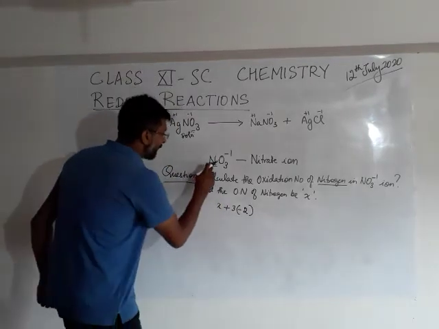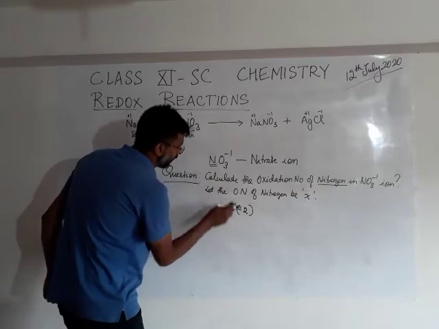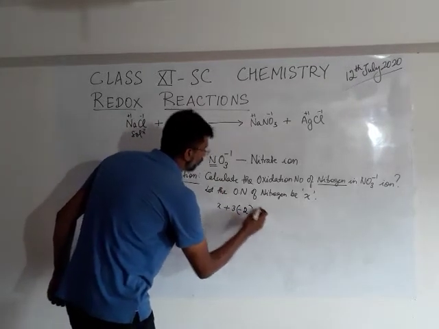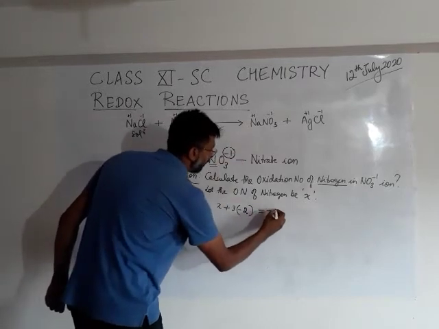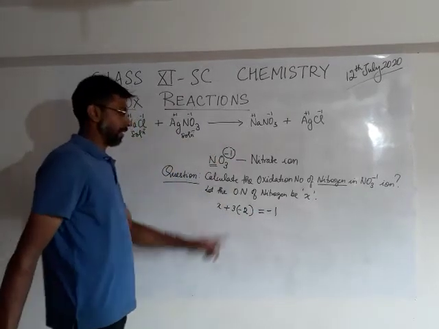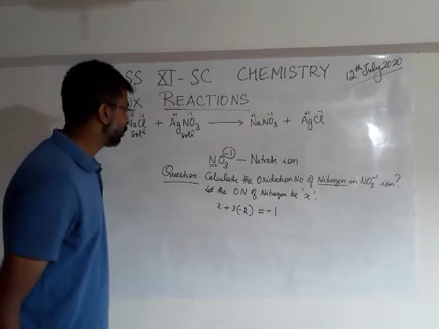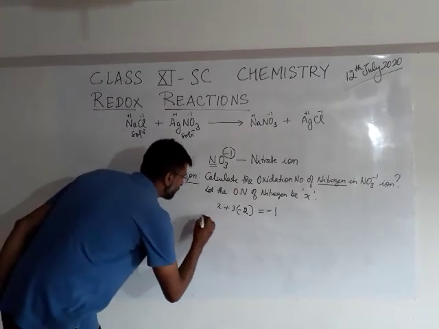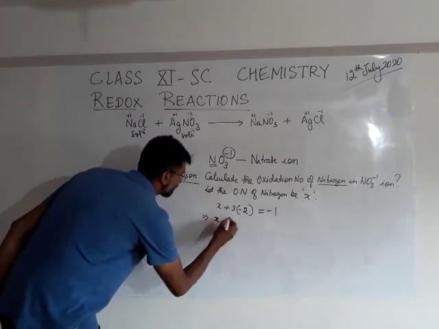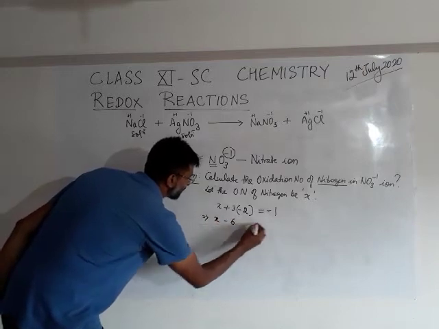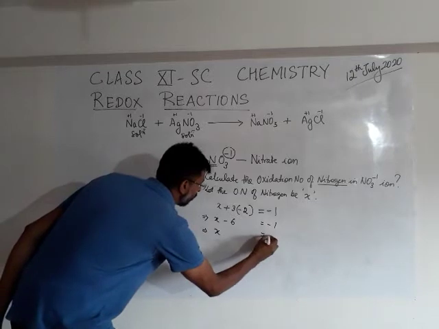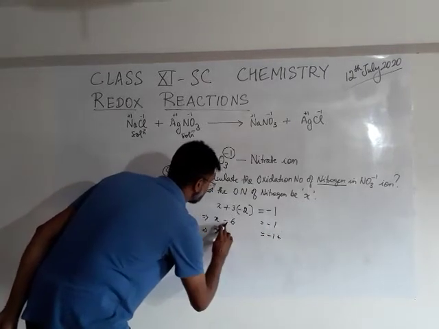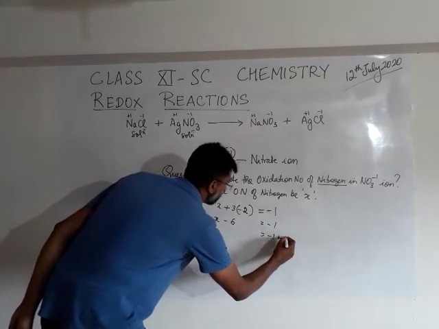So X plus this 3 into minus 2 is equal to the overall charge, which is minus 1. So I write down outside over here minus 1. Am I clear? So now I will simplify this. X minus 6 is equal to minus 1. X is equal to minus 1 plus this 6 comes to this side, it becomes plus 6.